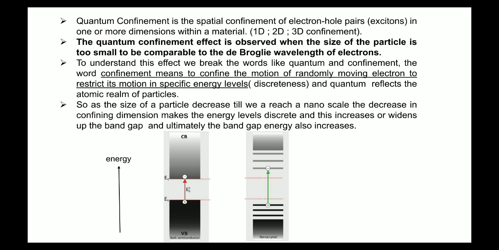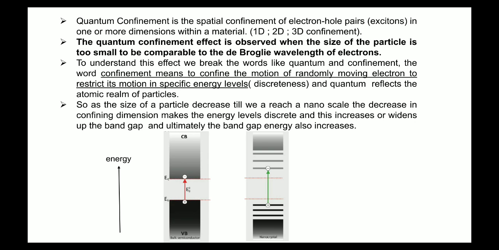Likewise, confinement means to confine the motion of randomly moving electrons, to restrict their motion to specific energy levels. In particular energy levels, the electron is unable to move because the energy levels become discrete. And quantum reflects the atomic realm of particles.